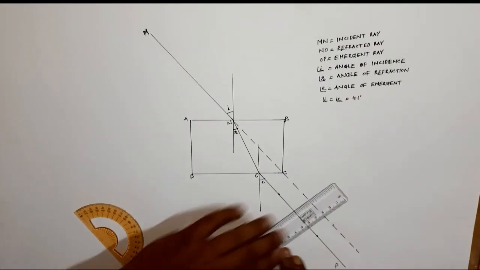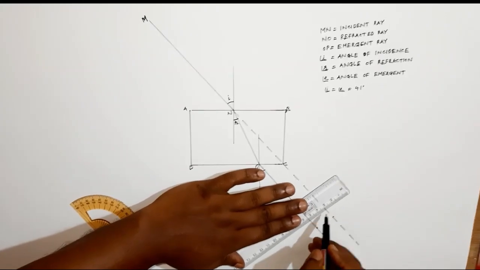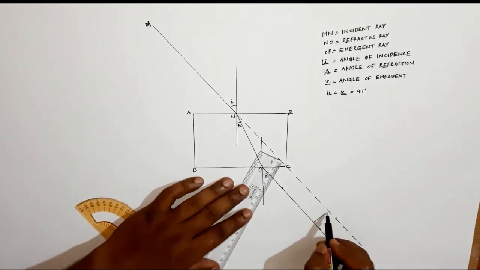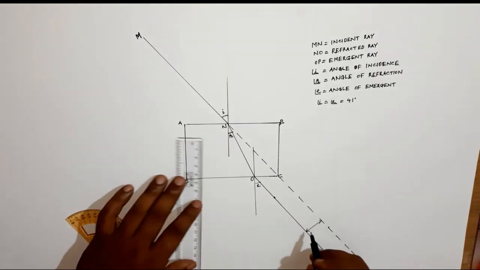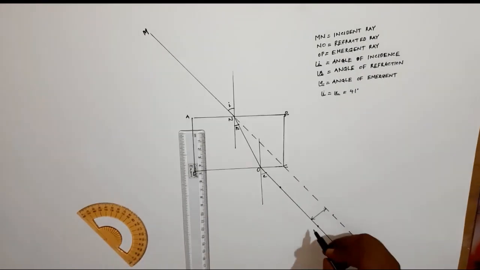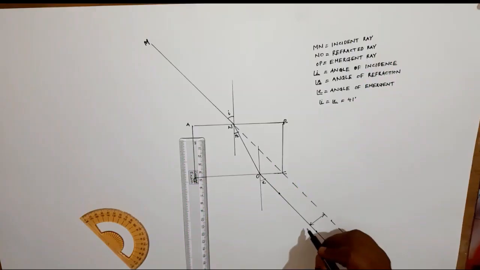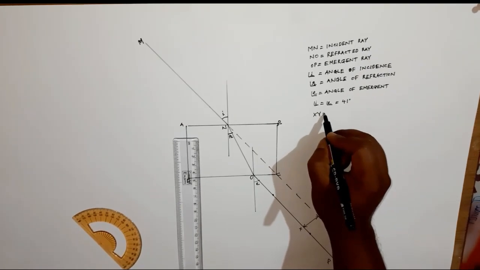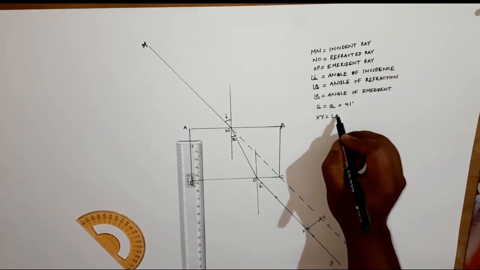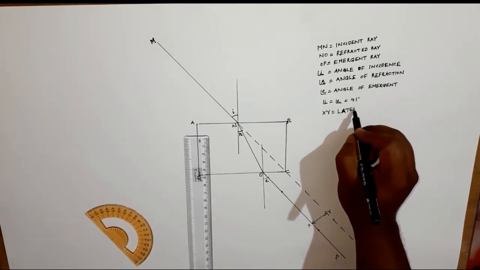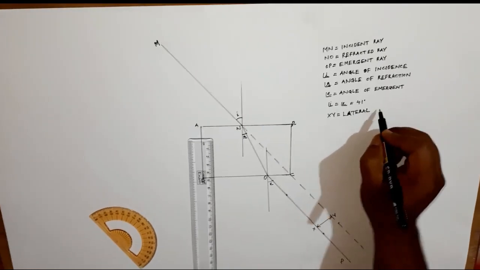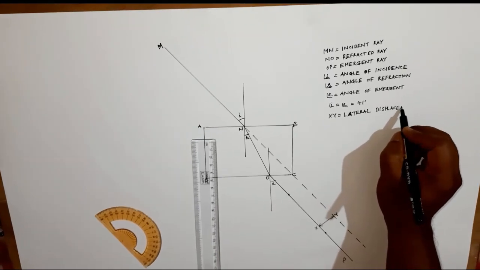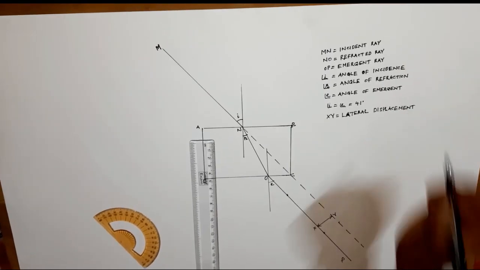Now this perpendicular distance between the two lines, the incident ray and the emergent ray, is called lateral displacement. Suppose you give the name XY. So XY is called the lateral displacement. Clear?